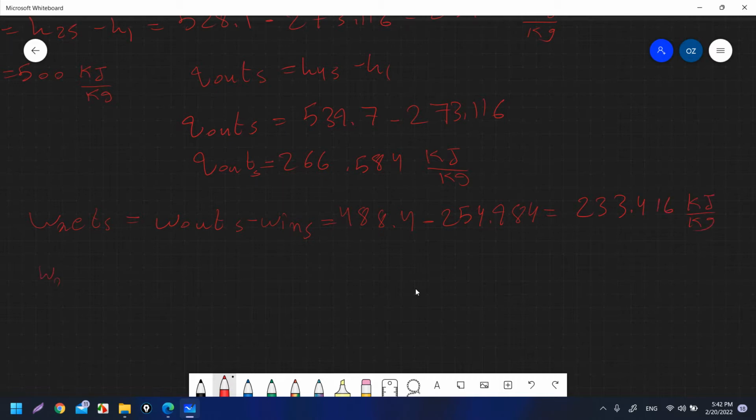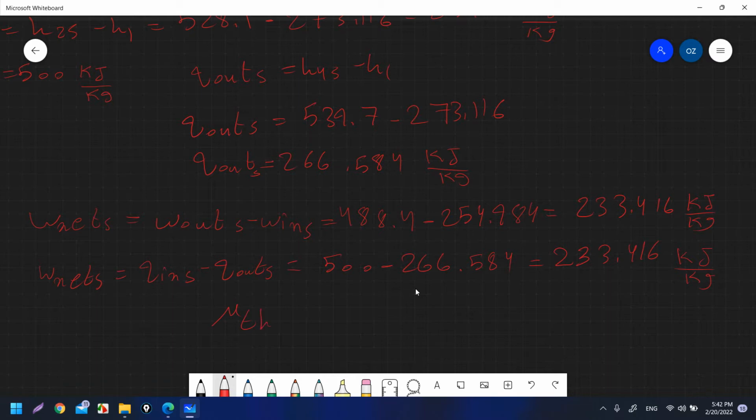And if I use the other equation, W net S is equal to Q in S minus Q out S is equal to 500 minus 266.584, and it will also give you the same number, 233.416 kilojoule per kilogram. So use any of these two equations.